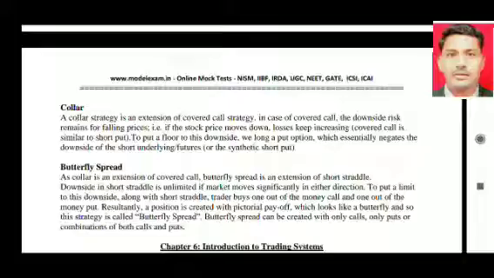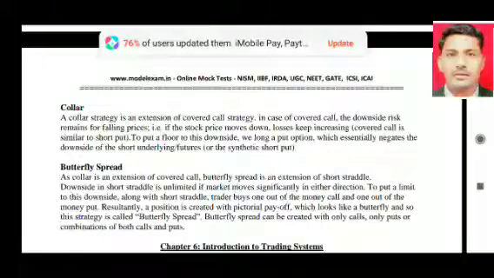Resultantly, a position is created with a pictorial payoff which looks like a butterfly, and so the strategy is called butterfly spread. Butterfly spread can be created with only calls, only puts, or a combination of calls and puts.